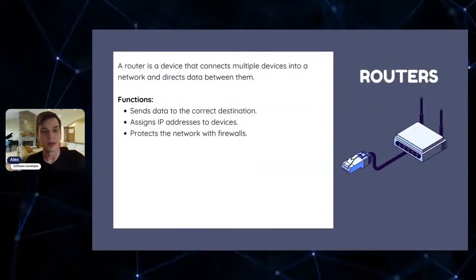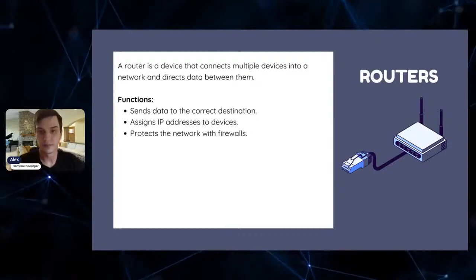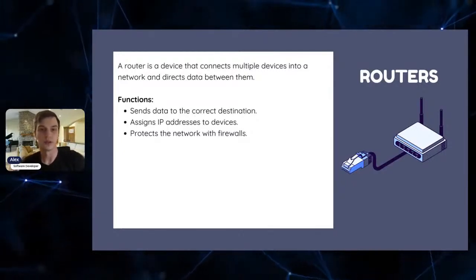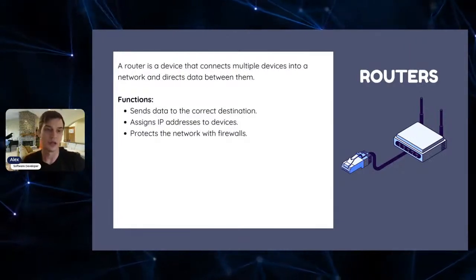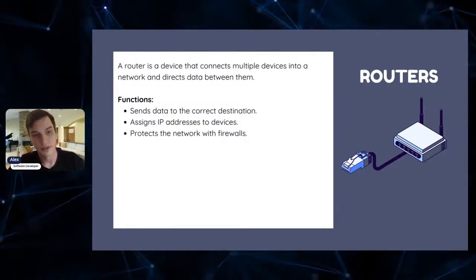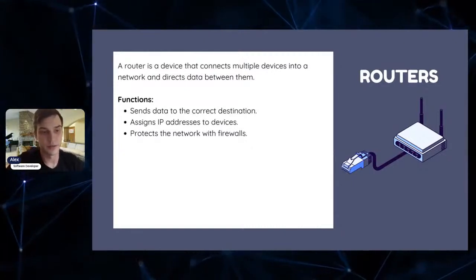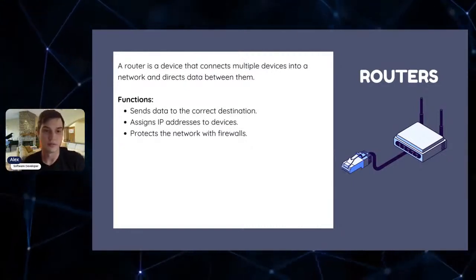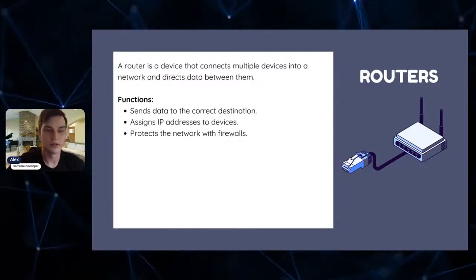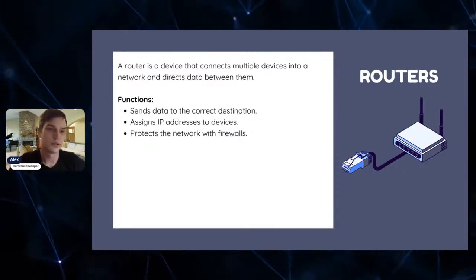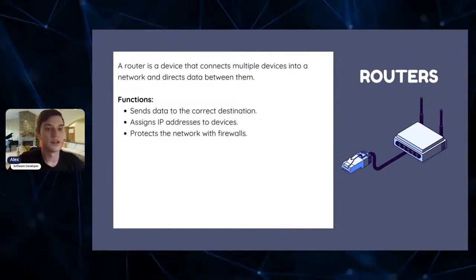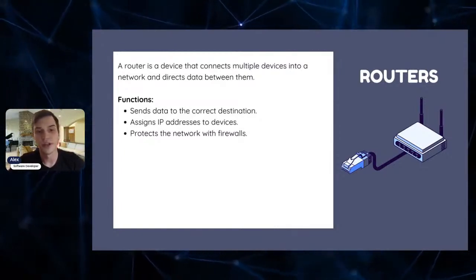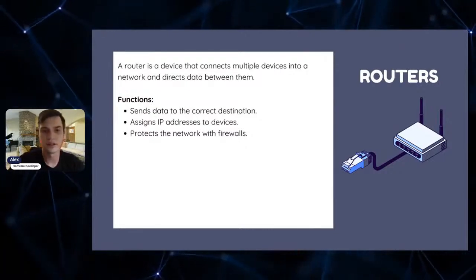So routers, I have already mentioned them. And what is a router? A router is a device that connects multiple devices into a network. In our previous example with three computers, there are three computers connected to each other. But in a real network, it's not really okay because we don't need everyone to know about everyone, and we don't need every computer to analyze whether a message is for it or for everyone else.